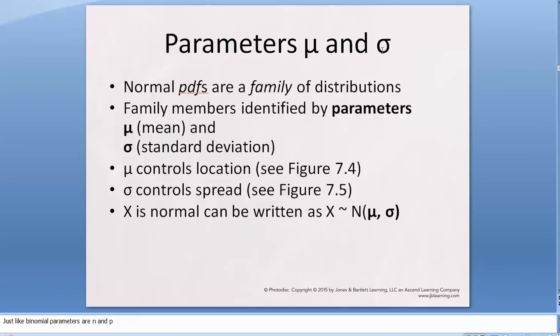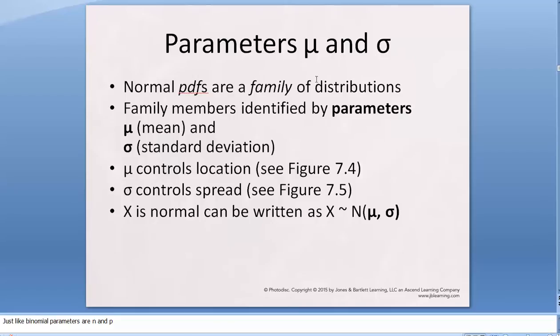Depending on mu and sigma, you can create many different curves, and the whole collection of curves forms the family. Just like in the binomial case, where n and p are the binomial parameters, for the normal curve, mu and sigma are its parameters.